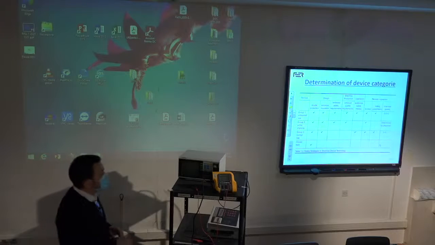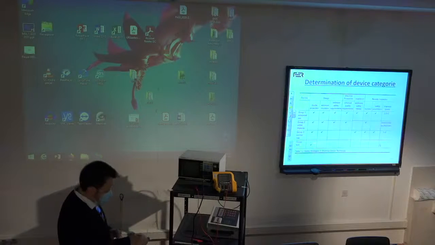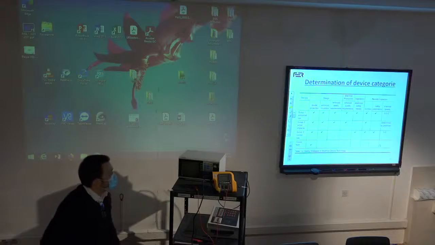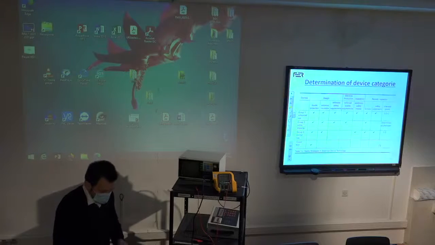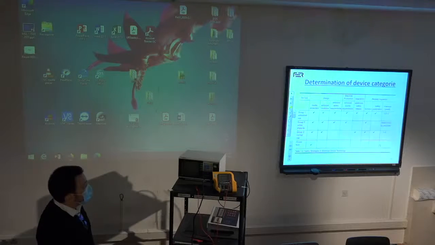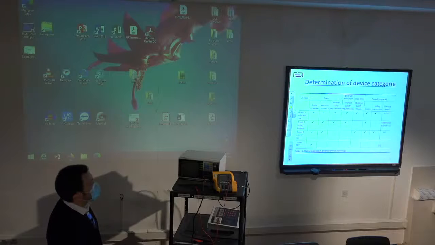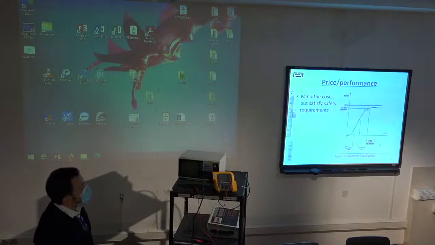So as you can see, there are some rules that have to be obeyed, but there is no further testing for all these house appliances. The other ones have to be tested, and there are now the requirements for each of these groups of the devices.